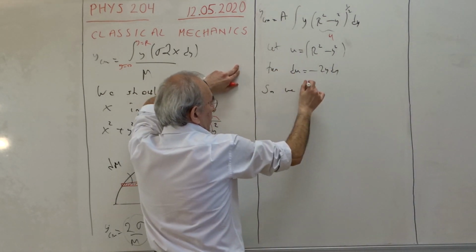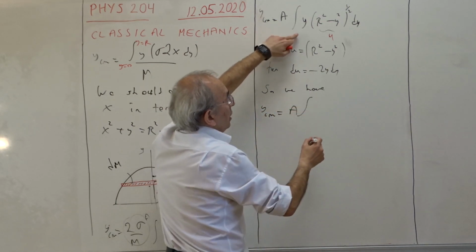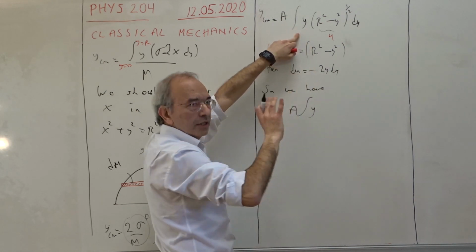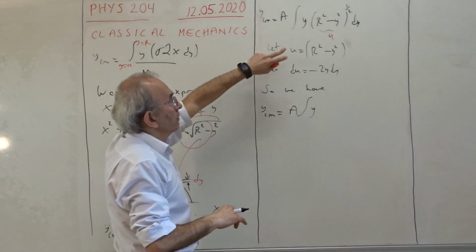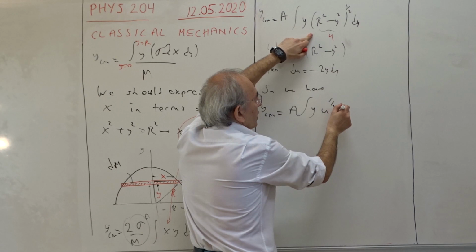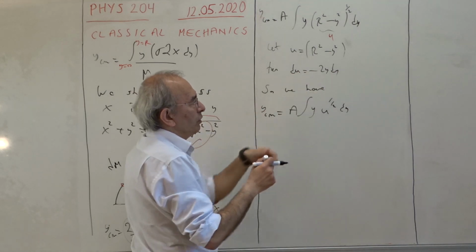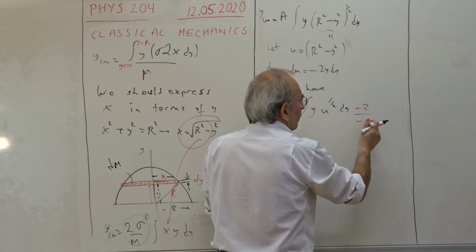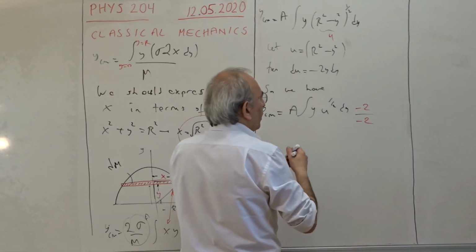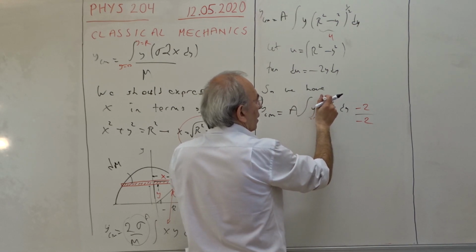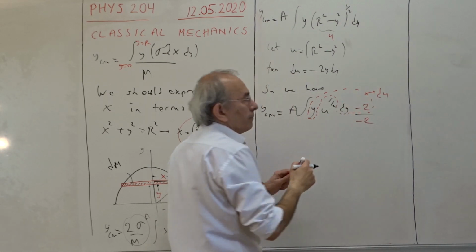So we have, first, y center of mass will be A times the integral of y. Let me first write the remaining part. Let's go slowly. So y times u to the power 1/2 and dy. But we have already the necessary things, y dy. So let's multiply by minus 2, divide by minus 2, so that it doesn't change. Then that part is simply du.